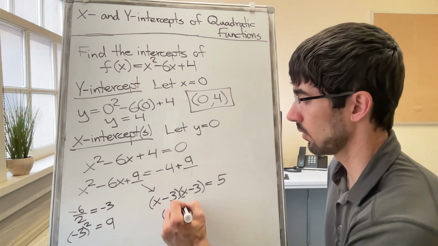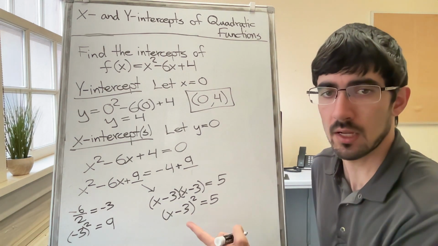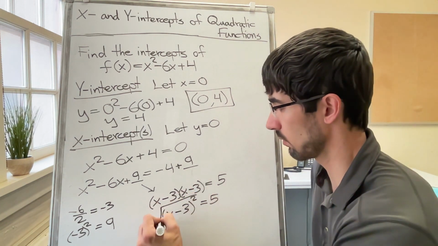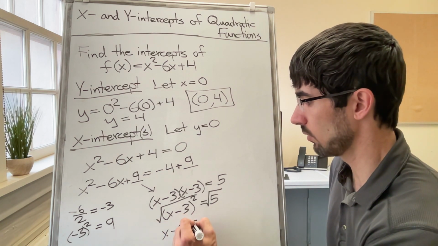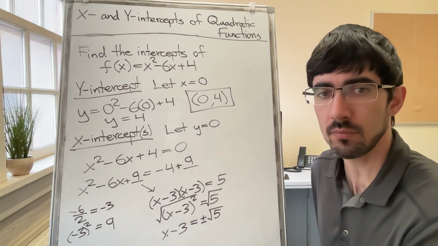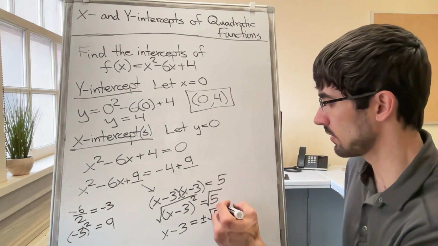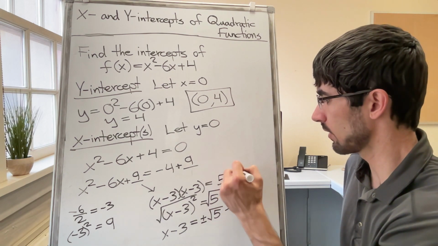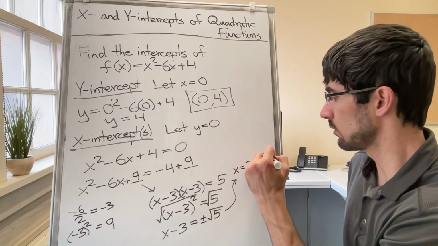So I have the equation x minus 3 squared equals 5. I've written it as a perfect square. Let's take a square root on both sides, and I get x minus 3 equals positive or negative square root of 5. So when I finish this solution by adding 3 to both sides, my solution will look something like this. x equals 3 plus or minus square root of 5.